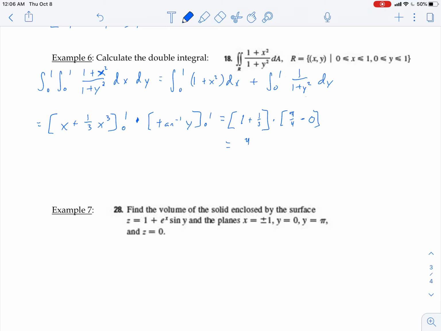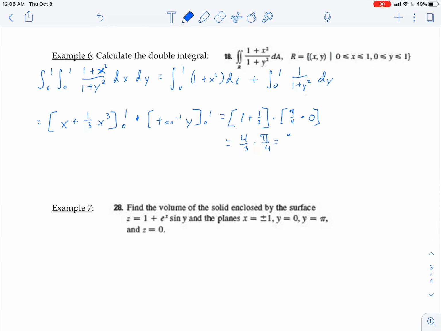And so it looks like I have 4/3 times pi over 4. And the 4's are going to cancel each other out. Why did my screen dim on me? And we're left with pi over 3. And there's our solution to the double integral.